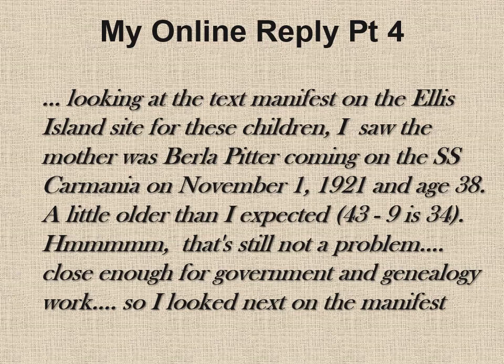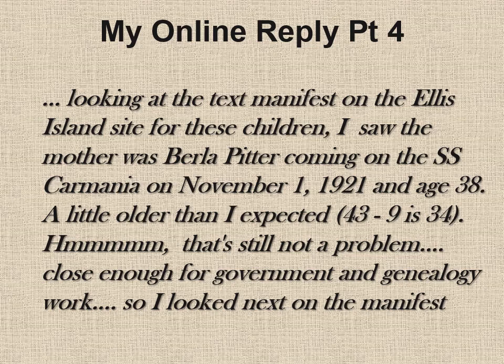And looking at the text manifest on the Ellis Island site for these children, I saw the mother was Burla Pitter, coming on the SS Carmania on November 1st, 1921, at age 38. She's a little older than I expected because based upon the 1930 census, she should be 34. So there's something going on there, but that's still not a problem. Close enough for government and genealogy work.